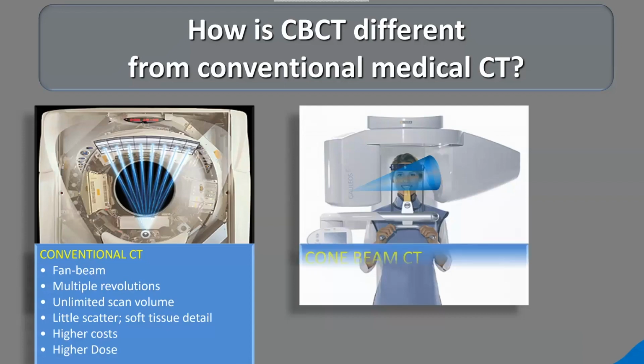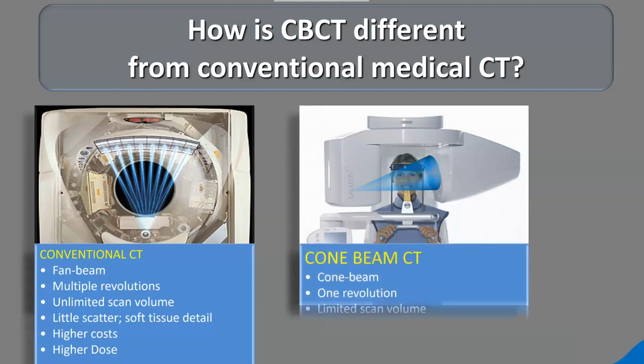On the right-hand side, we have our cone beam. This really is a large cone beam. It's not the highly collimated fan beam that we see with our medical CT units. And because of that, there's actually lots of scatter. So it hits that receptor as 80% scatter, only 20% signal.